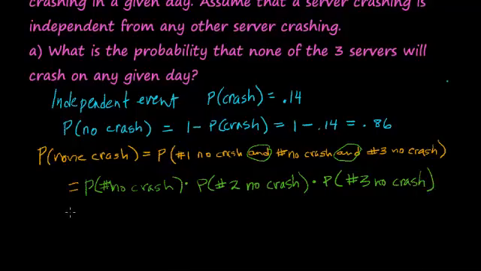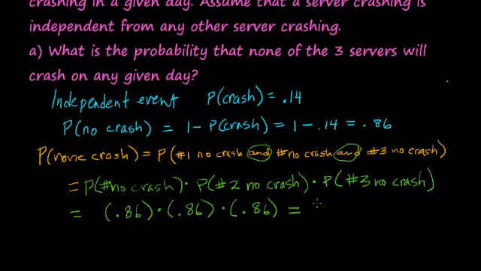Okay, well, we know what the probability of no crash is. We said that was 0.86 for each one of these independent events. So 0.86, no crash for server number 2, 0.86. No crash for server number 3, 0.86. And let's get used to seeing this written more simply. Since we have 3 servers with a probability of not crashing at 0.86, we could write that as 0.86 to the 3rd power.